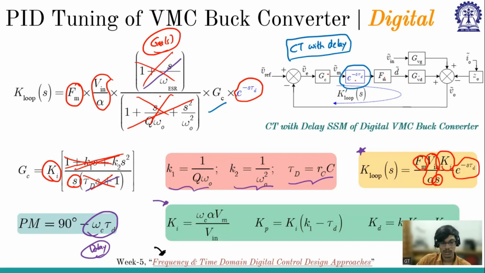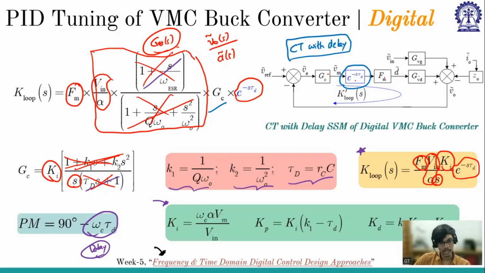Gvd of S is the duty to output voltage transfer function, so it is V naught per tilde of S by D per tilde of S. These derivations are discussed in the earlier course, and if you need, you can go through that course and derive it. But if you do not have time, you can just assume that this is the Gvd of S. Whenever you get time, I recommend going through that previous course. But you can just remember this is Gvd of S, and you can design the controller.